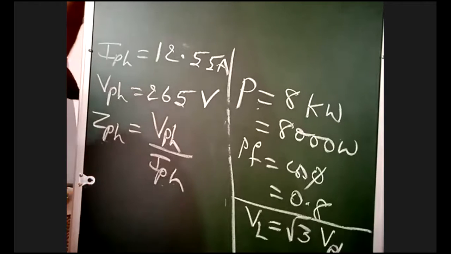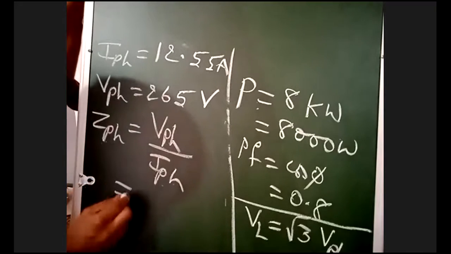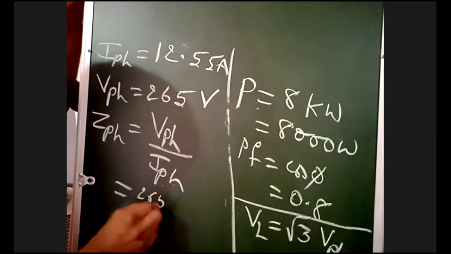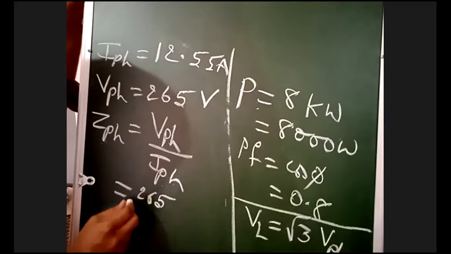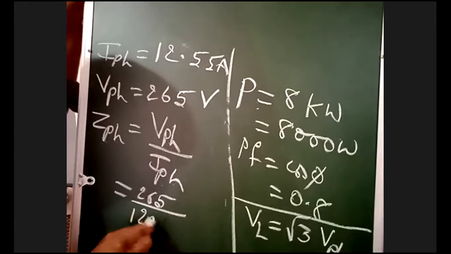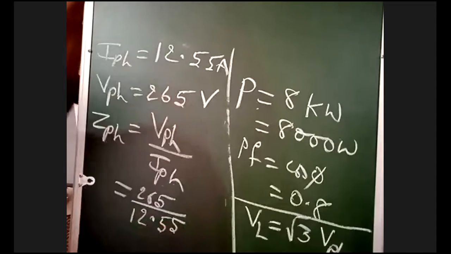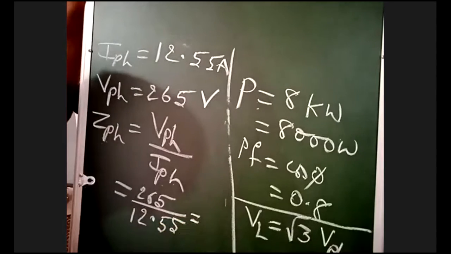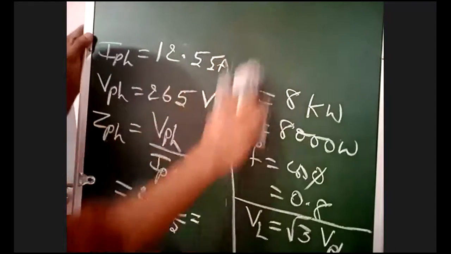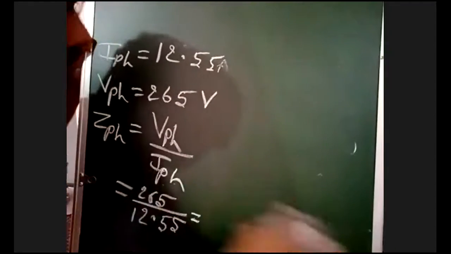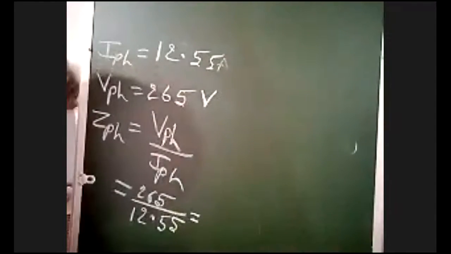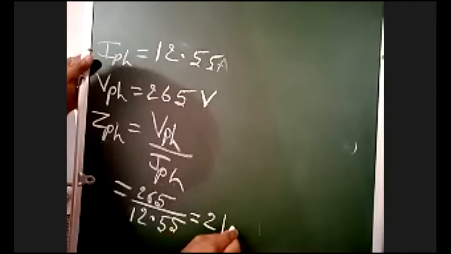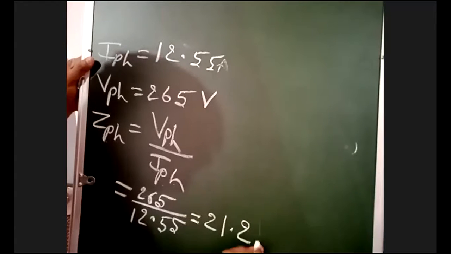We know V phase is 265 divided by 12.55. How much? 21.2 ohms.